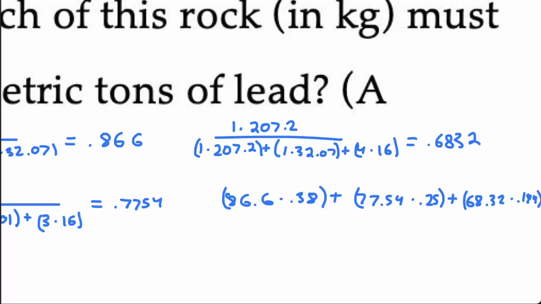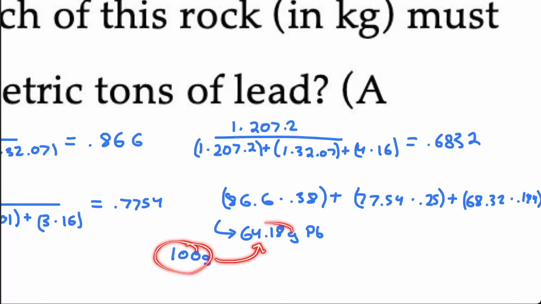right? And what this is going to give us is, let's see, I believe 64.18 grams of lead. So basically what this is saying is that if you had 100 grams of a rock, then out of that, 64.18% would be lead, right?